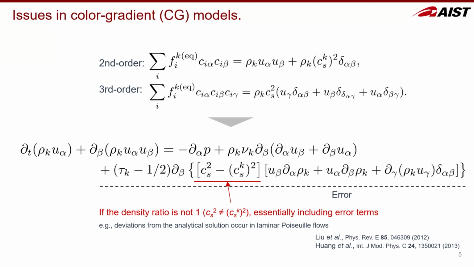But usually there is a density ratio between the two fluids, so this term cannot be neglected for common cases. This kind of error term is essentially included in the color gradient model, so a discrepancy from the analytical solution will occur due to these error terms.